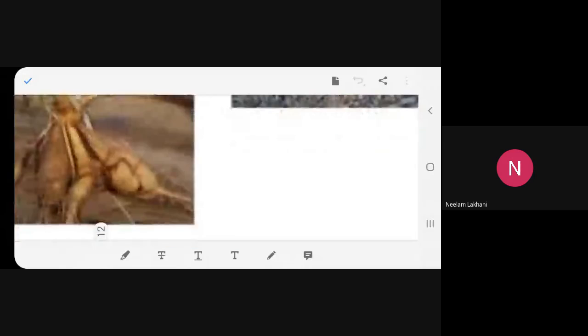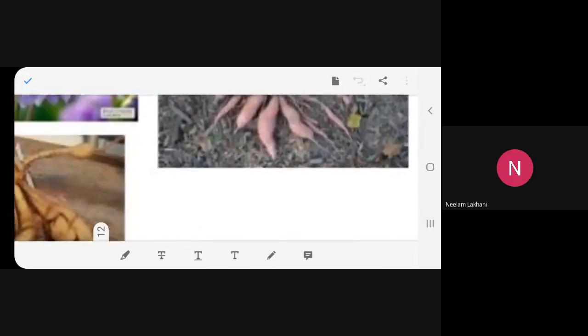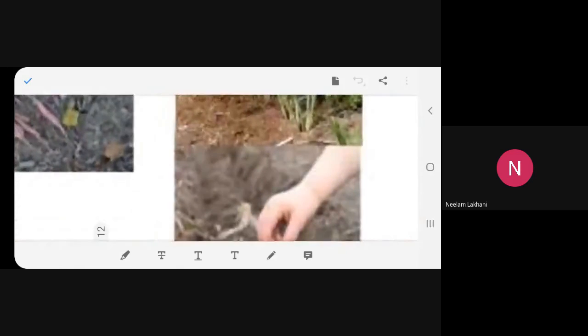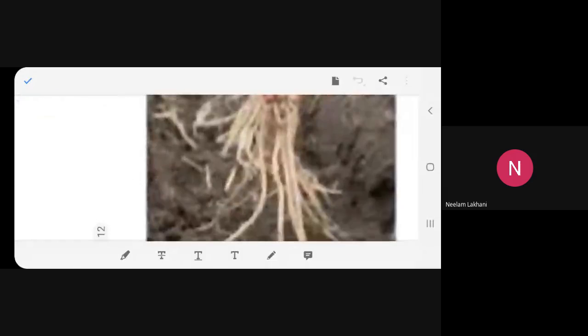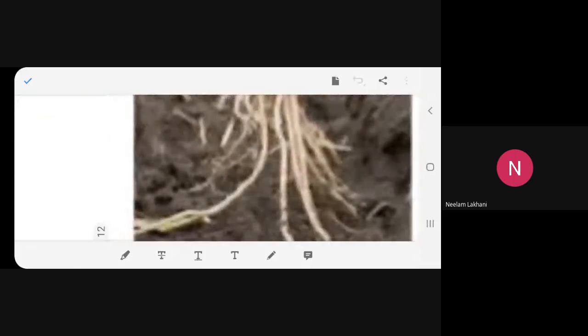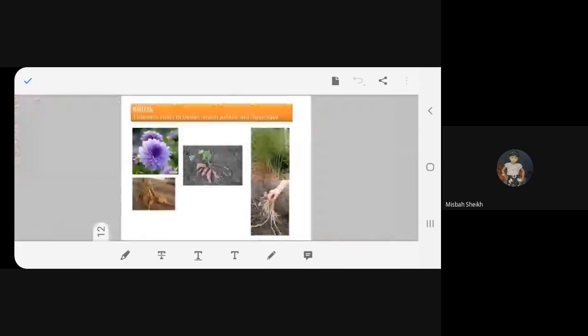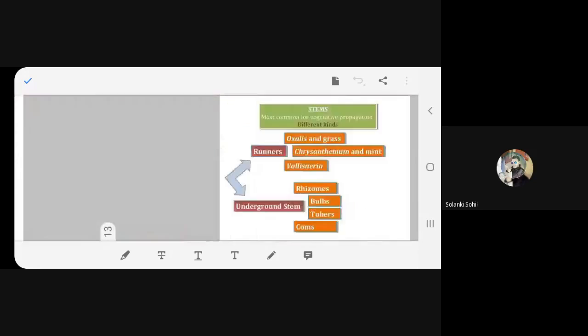Roots. So from roots we are multiplying. See, these are all roots. Got my point? So from roots we are multiplying the plant. Any problem? No, ma'am. Are you understanding it well? Any confusion, beta? Yes, ma'am.